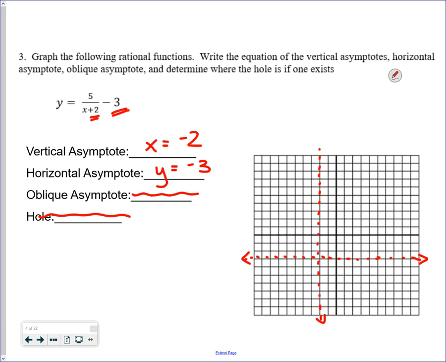So I apologize for that. Now I test a value like negative 1. I get 2. So it's graphed along the asymptotes. Test another value, and it would be graphed along the asymptotes in this area. So again, if a number is being added or subtracted, that changes the horizontal asymptote.